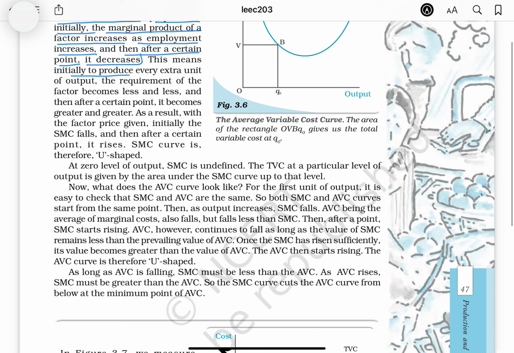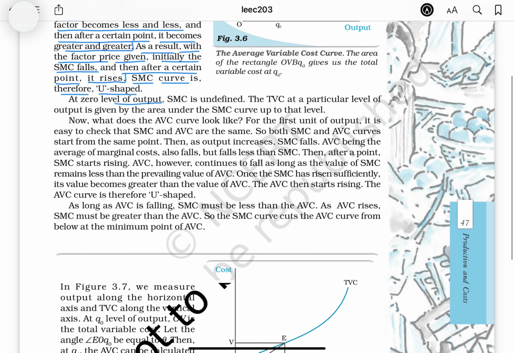This means initially to produce every extra unit of output, the requirement of the factor becomes less and less, and then after a certain point, it becomes greater and greater. As a result, with the factor price given, initially the SMC falls, and then after a certain point, it rises. SMC curve is therefore U-shaped. At zero level of output, SMC is undefined.